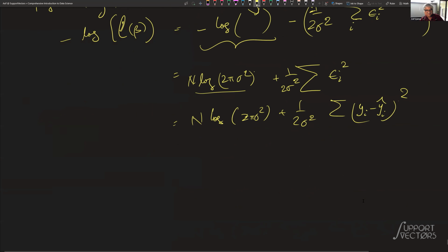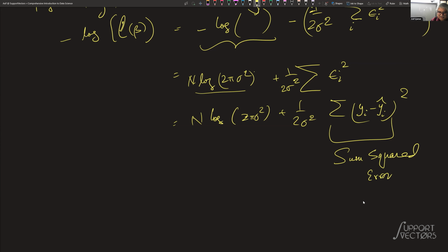Do you see the beauty of it? And what is this? Sum of squared errors, isn't it? Do you see the beauty? And now you know why. Remember, one of the questions was, why should we not consider fourth power, fifth power, and so forth, right? If you believe that the error should be normally distributed, the best way to do it is to square it. And that's the explanation for it. It comes from the negative log likelihood function, right? So this is it.